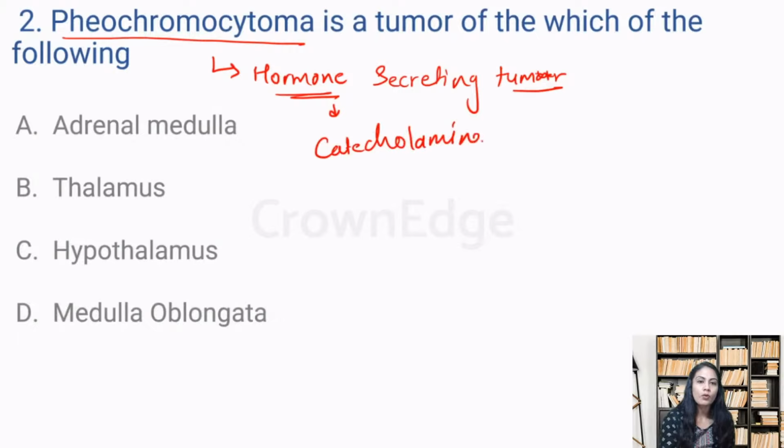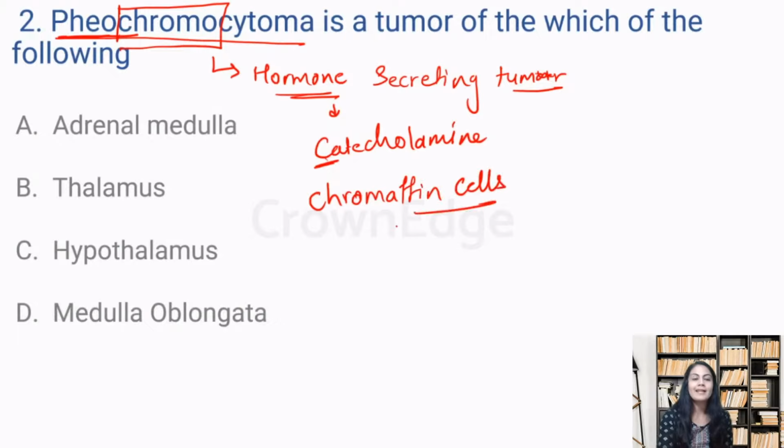Whenever you remember pheochromo, just remember the chromo word over here, because C for catecholamines and C for chromaffin cells. We already discussed pheochromocytoma and chromaffin cells in the lecture, right?